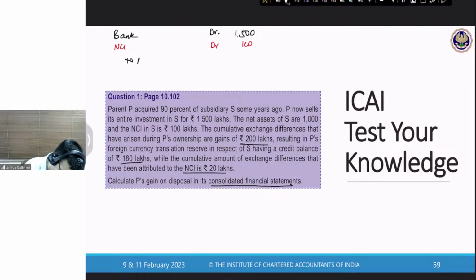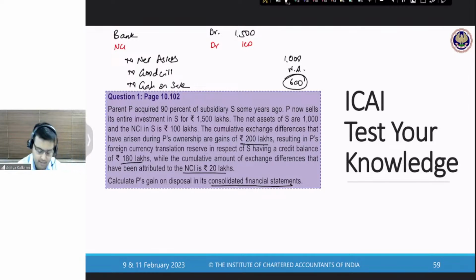Net assets are going to go from my consolidated balance sheet, so net assets 1,000. Next, what else are you going to lose? Goodwill. Do I have the data? I don't have the data. I leave it as it is. To gain on sale 600. This is the first entry.